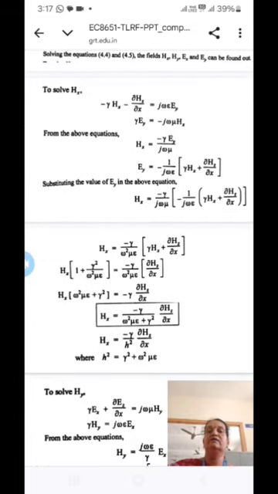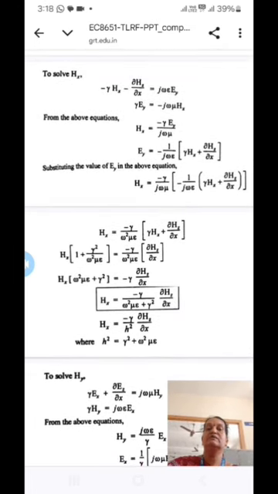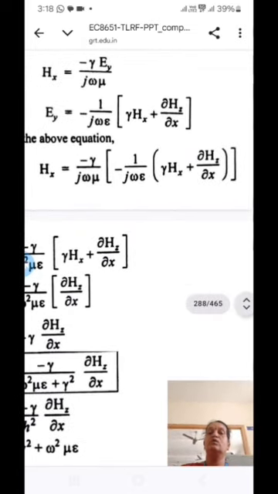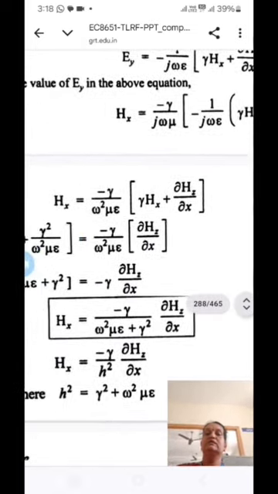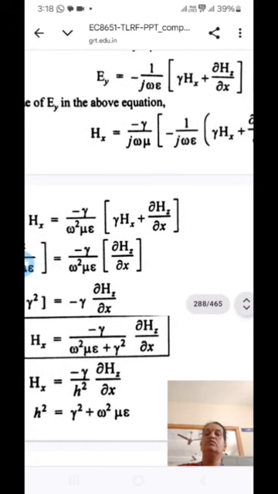So we get a whole equation in terms of Hx, that is Hx equal to minus gamma by jωμ into minus 1 by jωε into γHx plus ∂Hz/∂x. Taking jωε outside, we get ω²με.